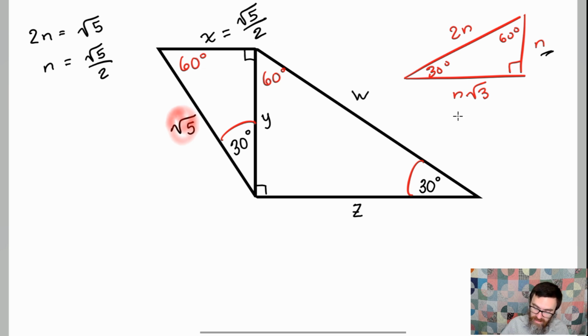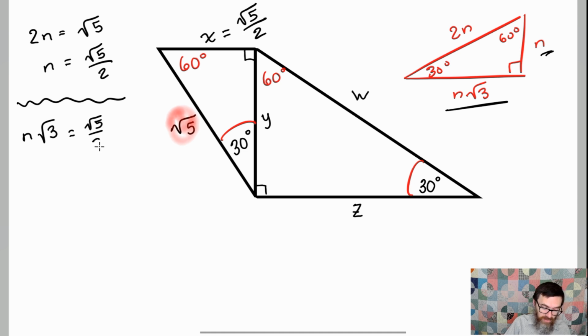Which means that the side opposite the 60 degree angle is going to be the square root of 3 times that n value. So if I have n times the square root of 3, my n is the square root of 5 over 2 times the square root of 3.